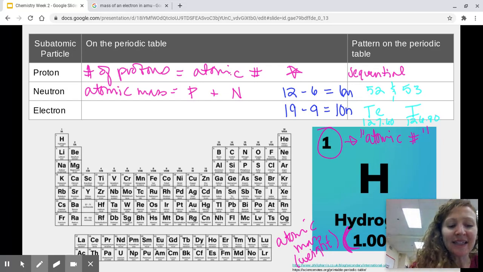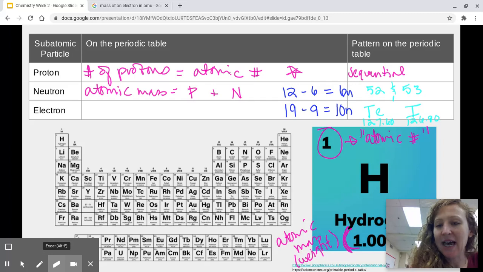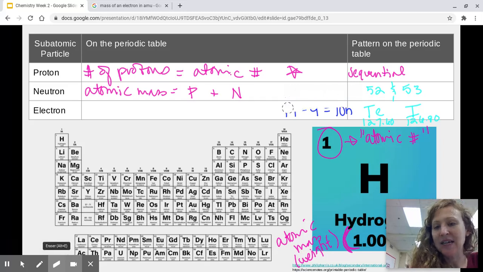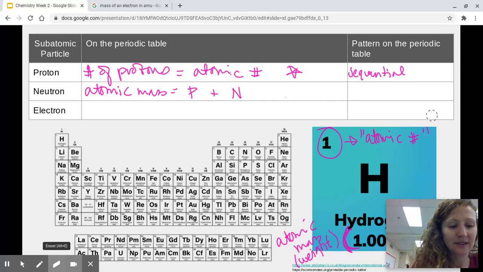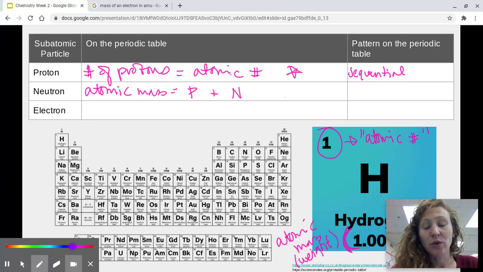All right, now the question of the day, how do you find electrons? And that is a tricky question because it depends. It depends on whether you have a neutral atom or not.